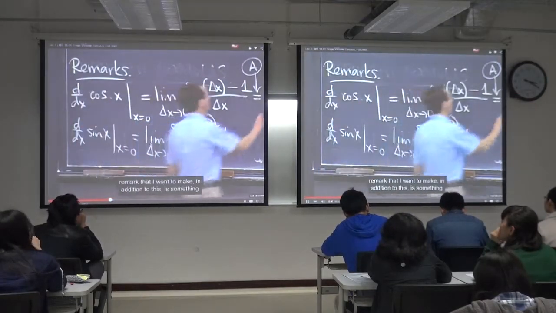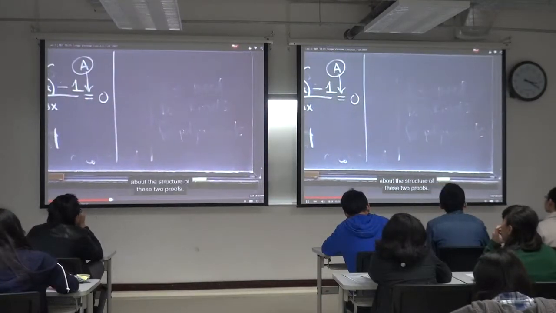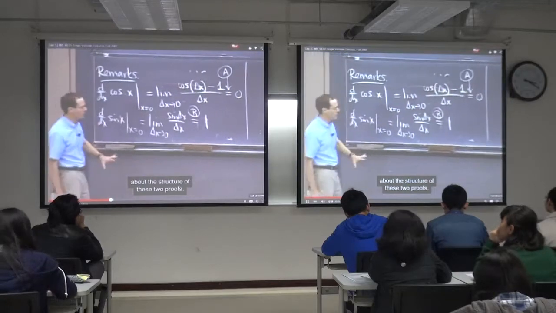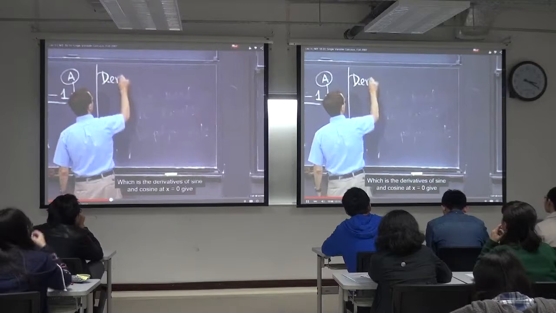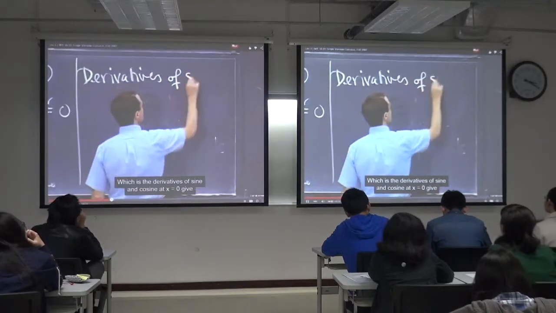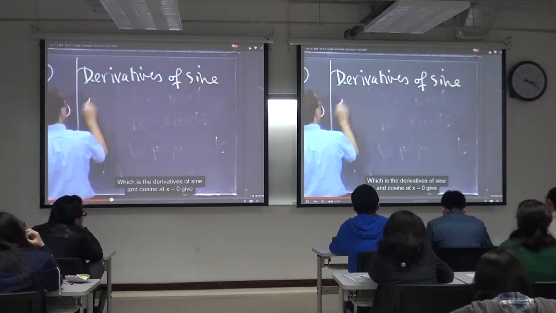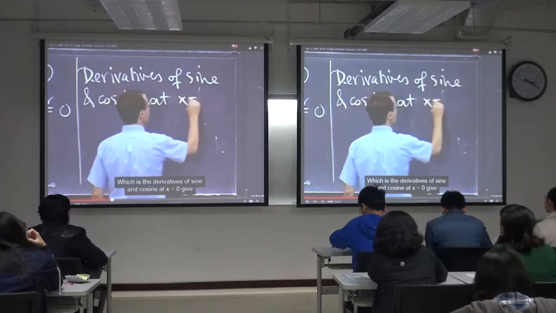And so the remark that I want to make, in addition to this, is something about the structure of these two proofs, which is the derivative of sine and cosine at x equals 0.